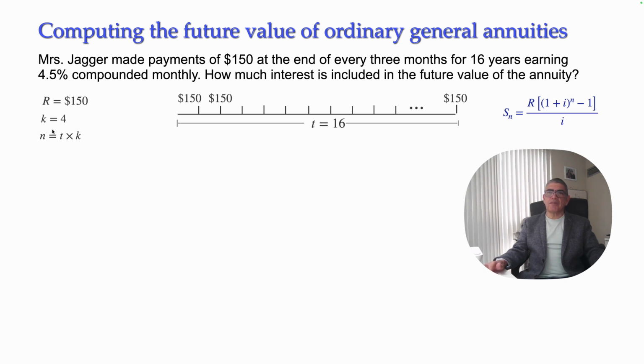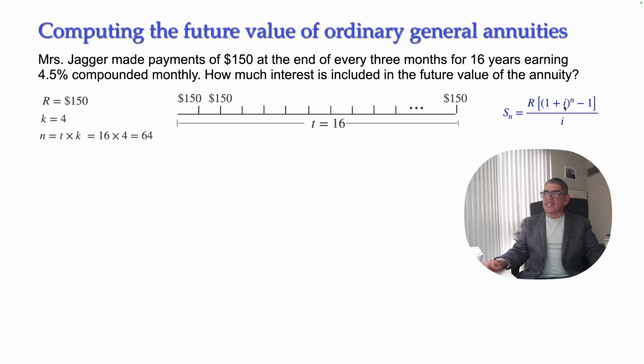Some students make the mistake of multiplying by the number of compounding periods. No, in a general annuity, it is the number of payments per year, which is 4, so 16 times 4 is 64. So we have that n equals 64. This is important because the formula has n.